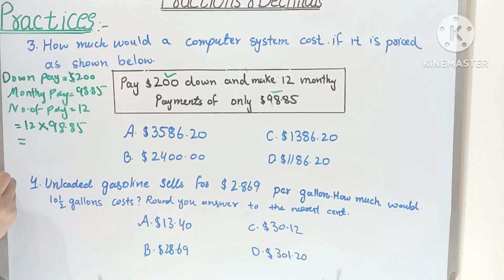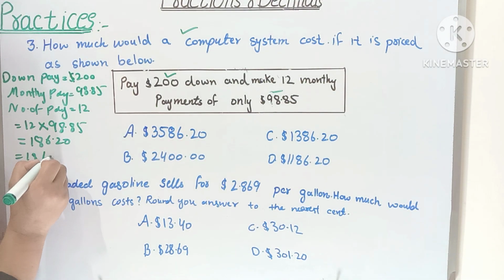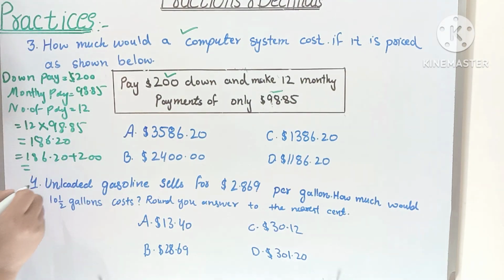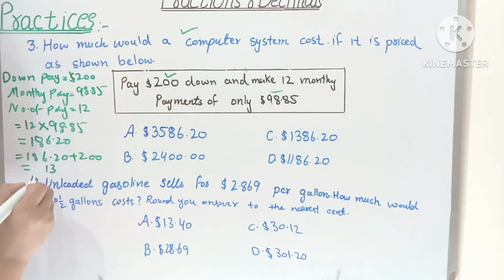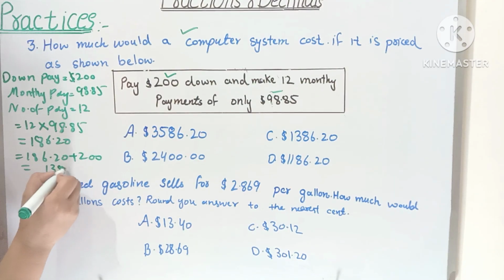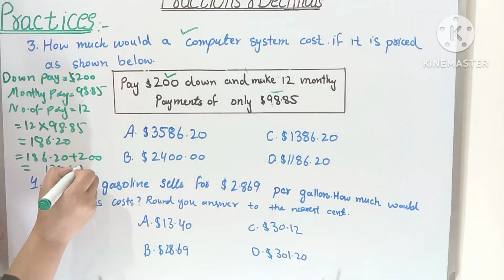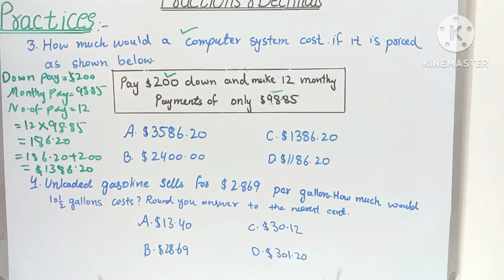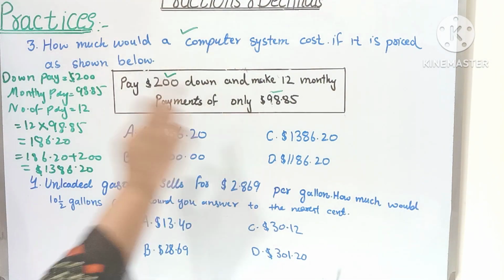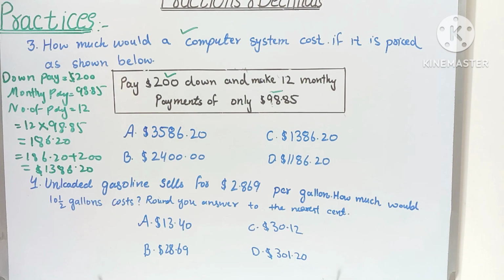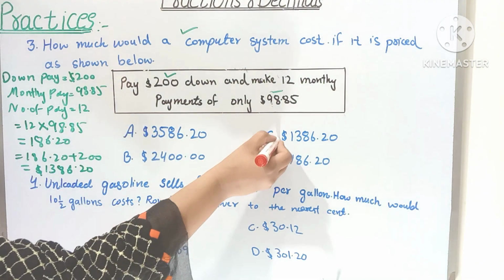My answer is 1186.20. Now they demand the cost of the computer system, so we add the down payment to it. When we add, my answer is $1386.20. Now there is the C part. It corresponds to C. It's my right answer.